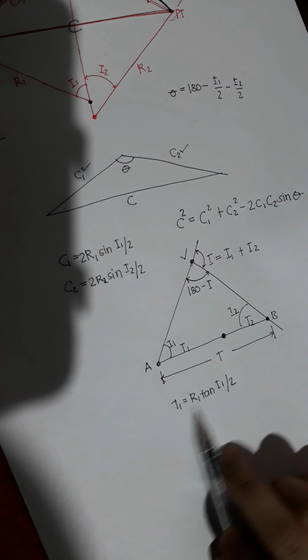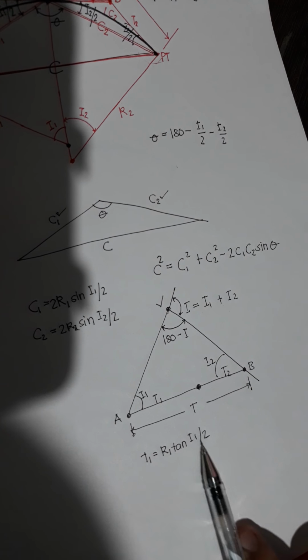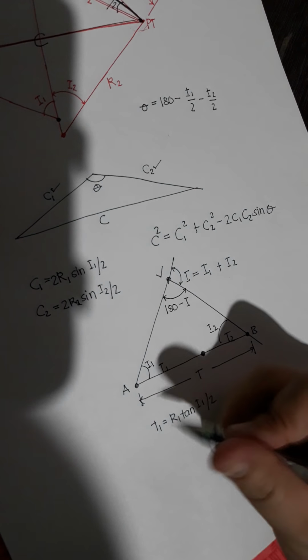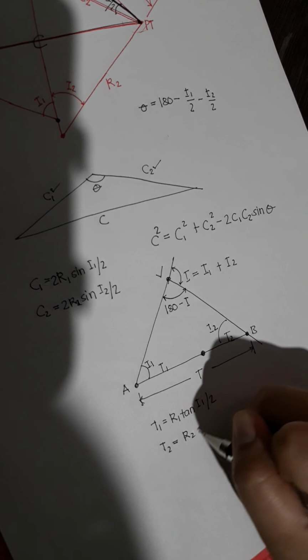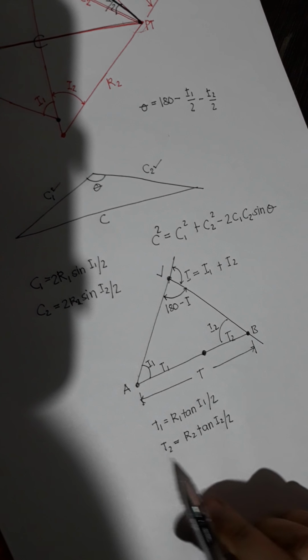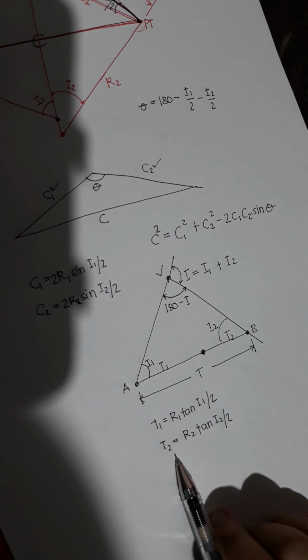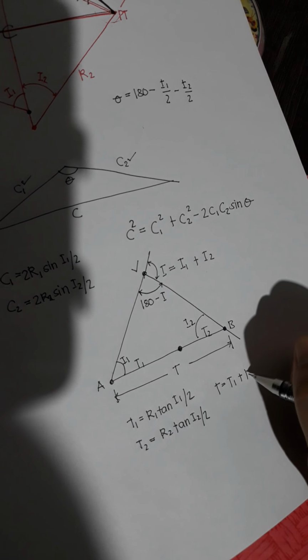So, when getting elements of a simple curve within the compound curve, we use the same formula that was introduced during the discussion of simple curve. So this is also R2 tangent I2 over 2. If you have T1 and T2, then you will have T, which is T1 plus T2.